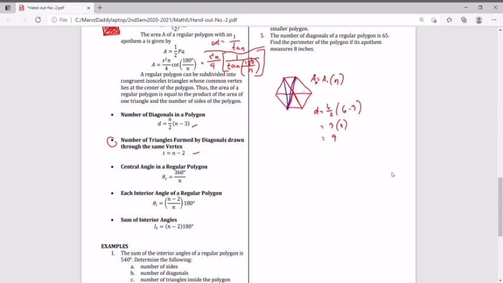Kani siya nga diagonal. So, we have 3 ka diagonals. So, pila man kuno ka triangle ang atong na-create. So, for this, ato ang n ani is 6 minus 2. So, 4. So, sakto ba? Nakakreate ba tag 4 ka triangles? So, 1, 2, 3, 4. So, sakto 4 ka triangles.